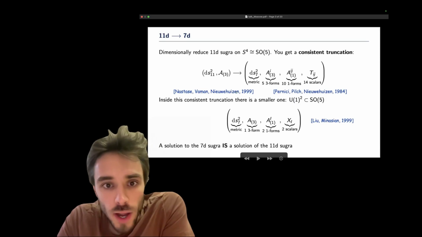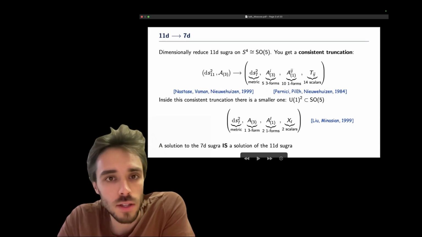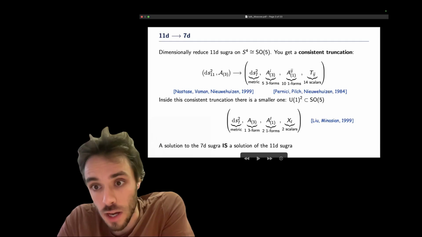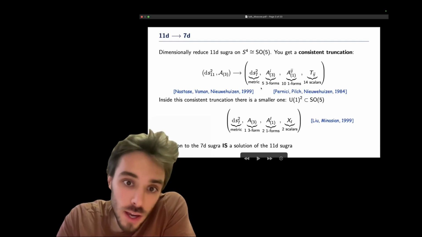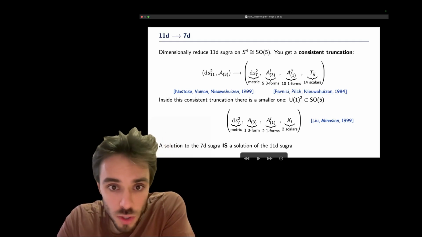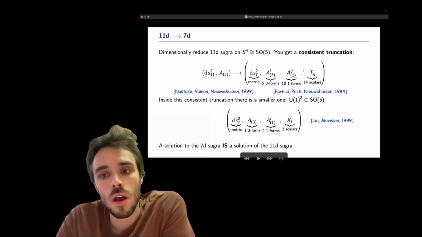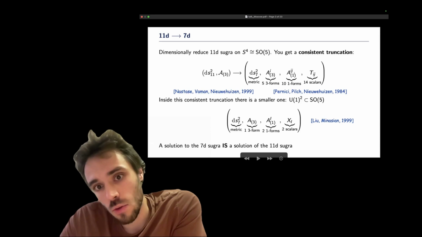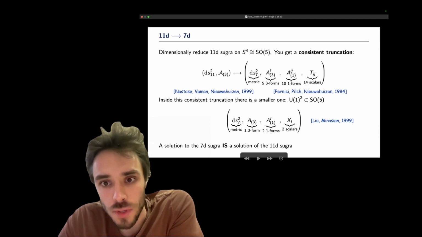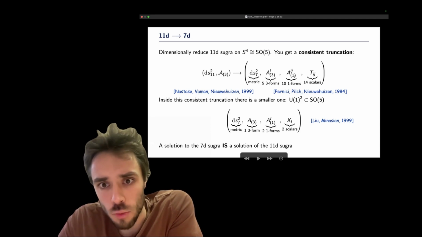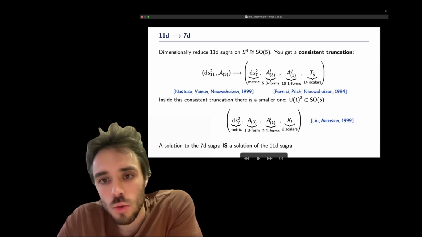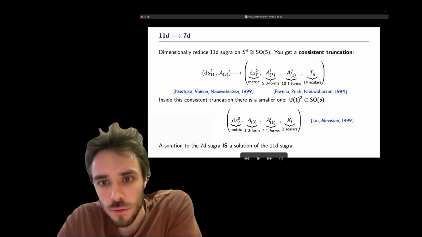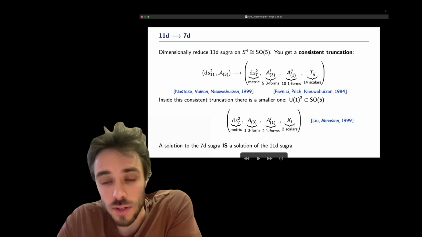And these two facts were figured out. The 7D supergravity was written down in '84, and the fact that it's a consistent truncation was shown in '99. That's still quite a lot of fields, like 14 scalars, 10 one-forms. You can simplify your life to the universal sector.